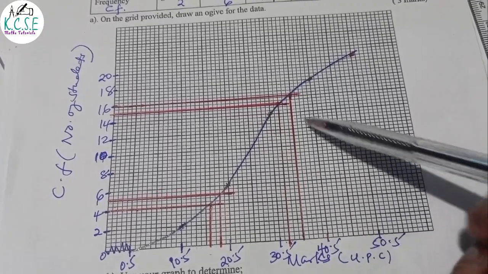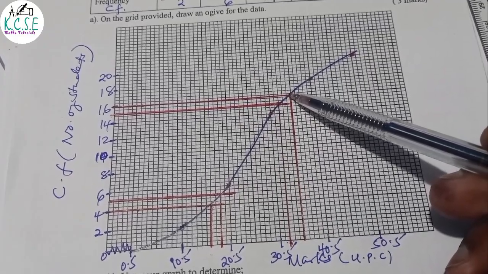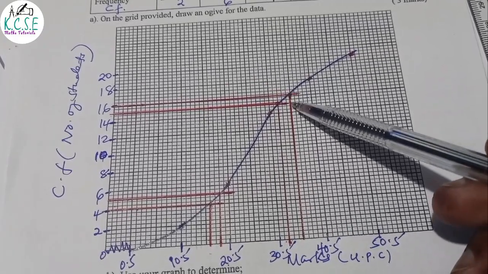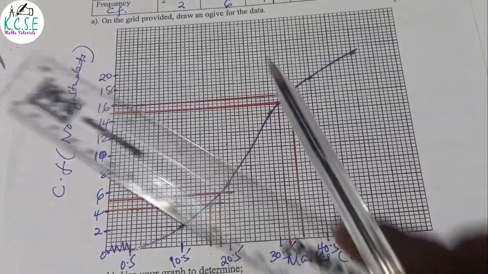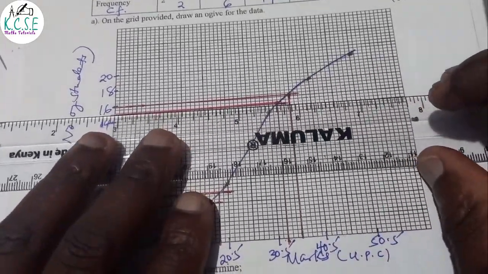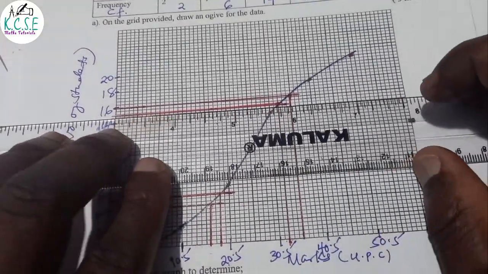I don't know whether I've drawn the line correctly. I think I've not drawn the line correctly. Let me draw it again here. Somewhere I've not used a different pen. Be very careful here.